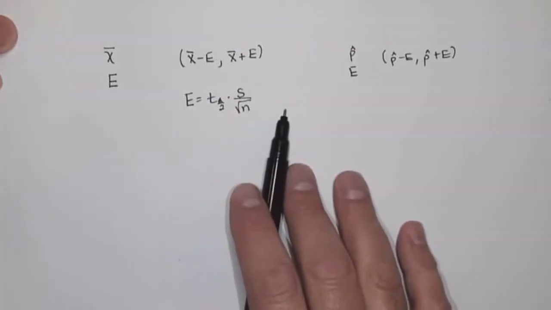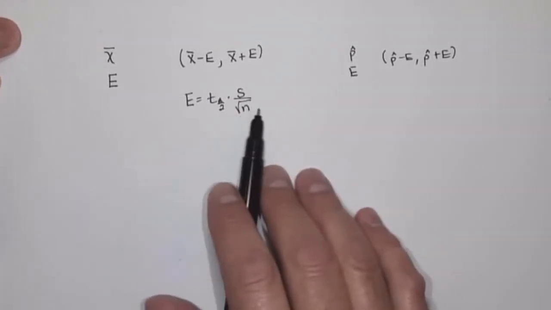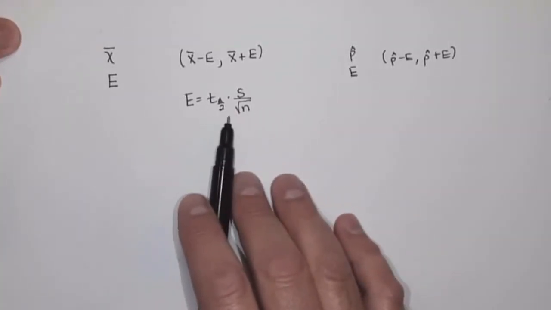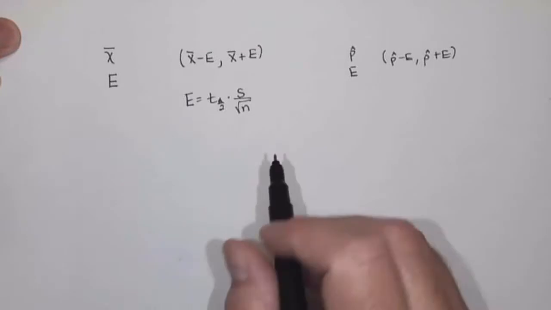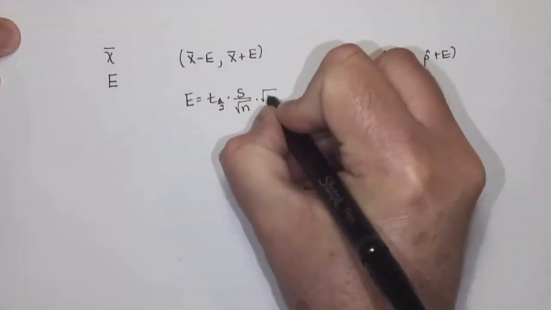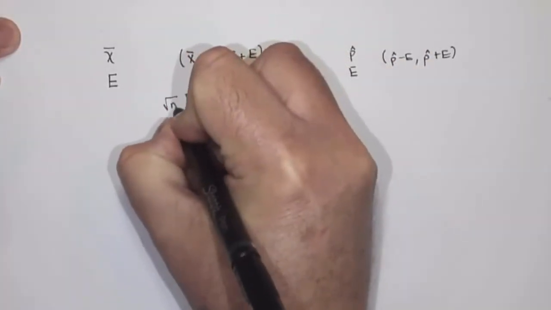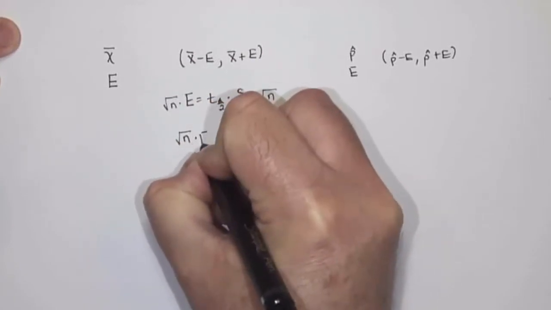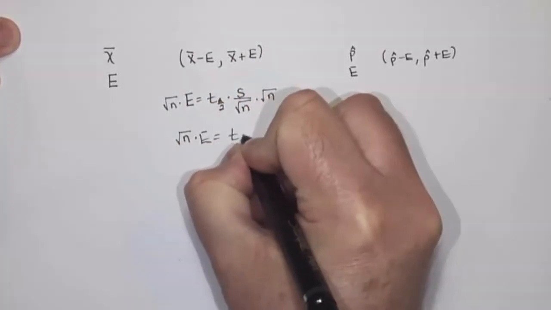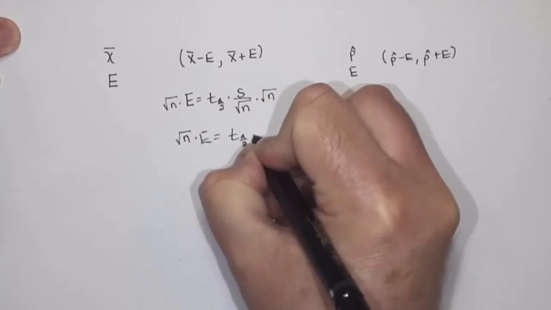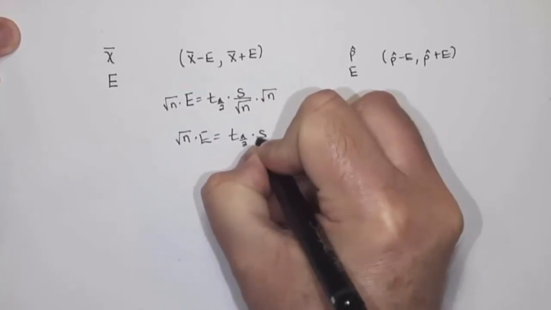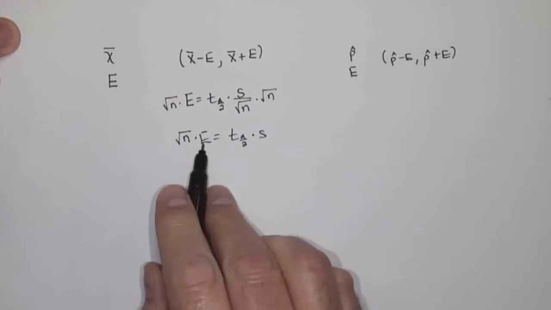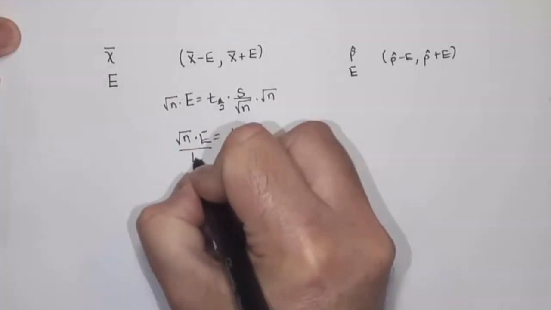Solve our formula for n. If I'm going to solve this formula for n, the first thing I'm going to do is multiply both sides of the equation by the square root of n. That gives me the square root of n times e equals t sub alpha over 2 times s. Next, I can divide both sides by e.